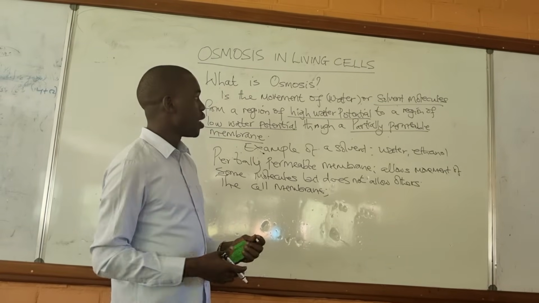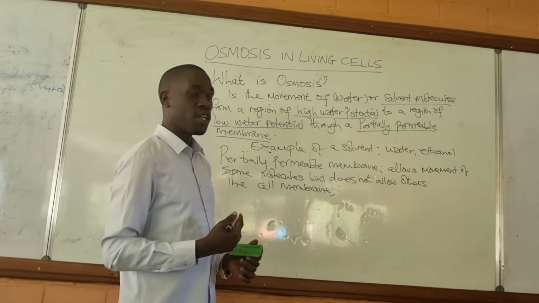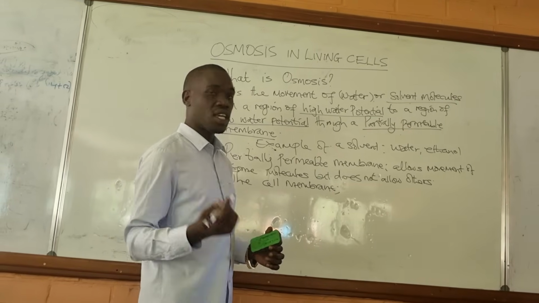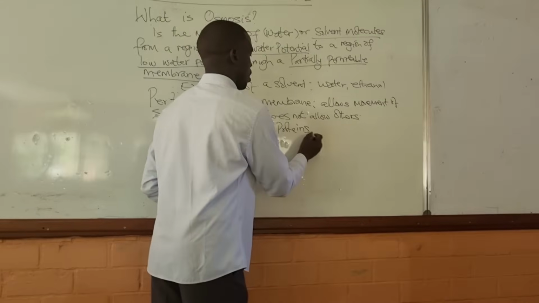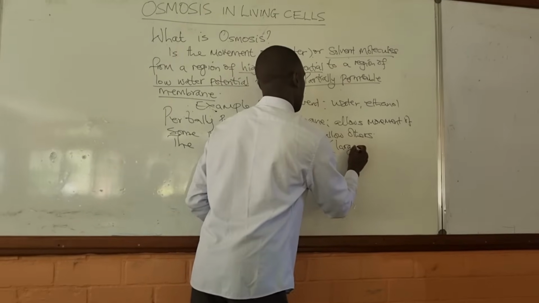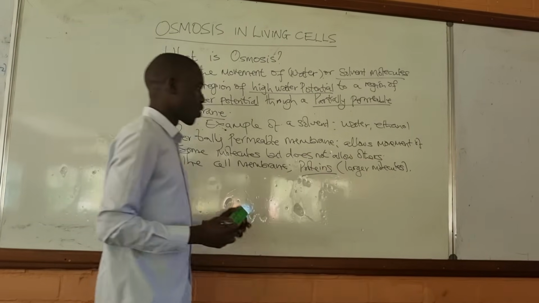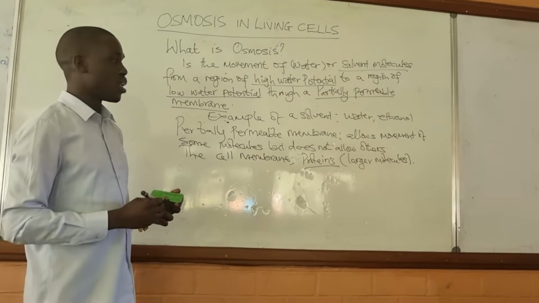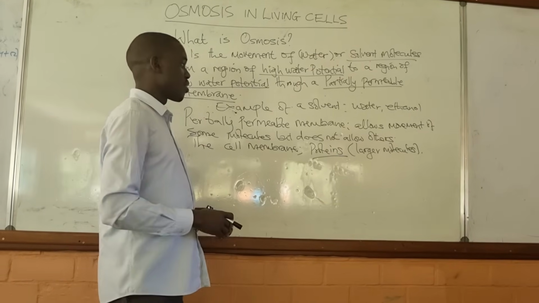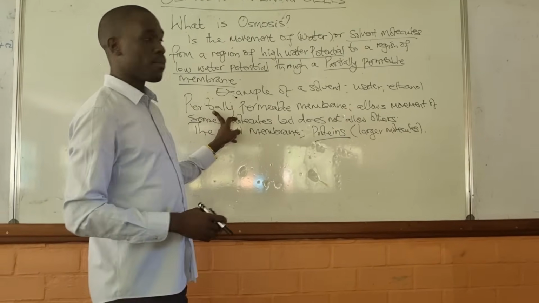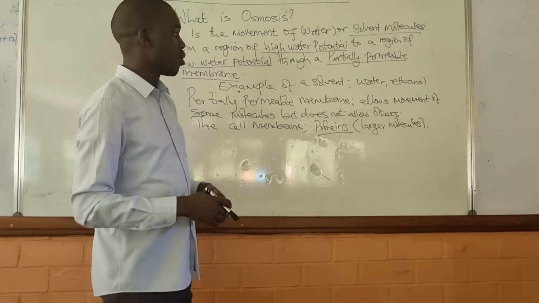It can allow the movement of solvent molecules, whereas it cannot allow movement of some other substances like proteins, in other words larger molecules, through it. So a partially permeable membrane allows movement of some molecules and does not allow others. We can call it a partially permeable membrane, or we can also term it a semi-permeable membrane.